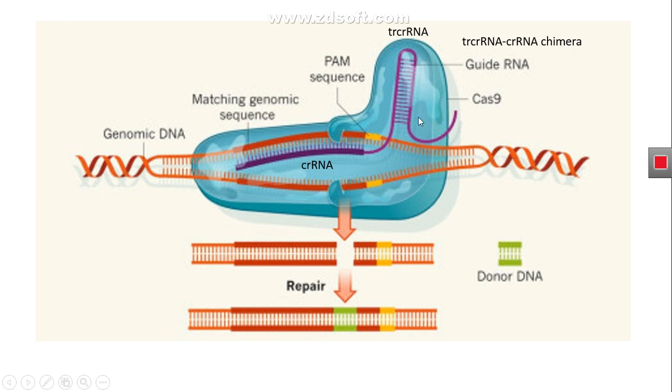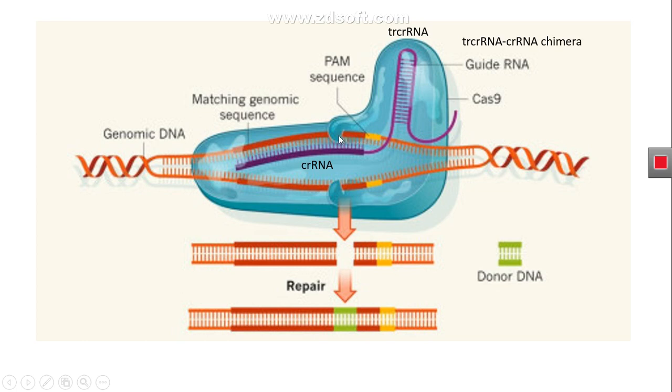The Cris RNA, having the sequence complementary to the mutated gene, would recognize the mutated portion of the host genome, and then the helicase activity of Cas9 would open up the DNA.